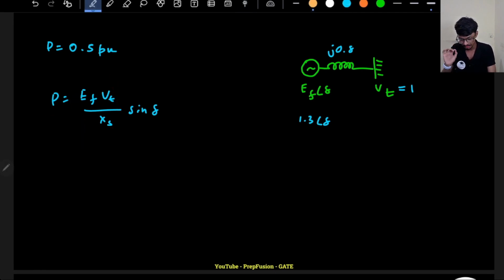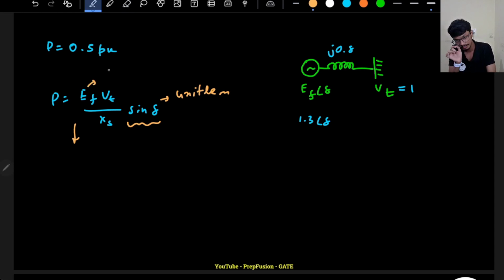I hope you are understanding. I just want to write this in per unit. This sine delta does not have any unit, it is unitless. Whichever quantities are unitless are already in per unit.